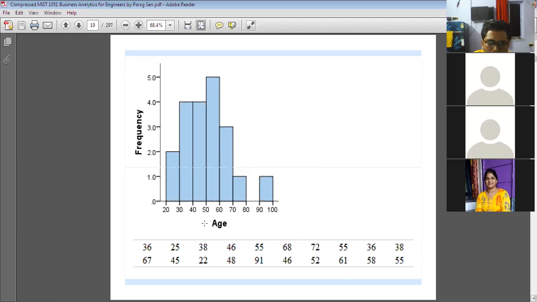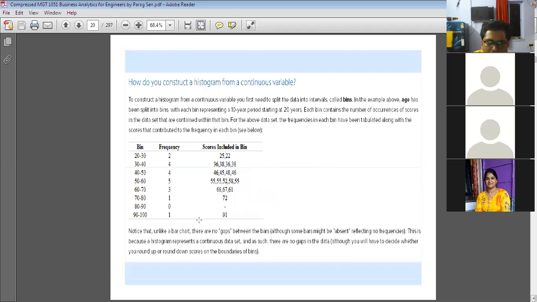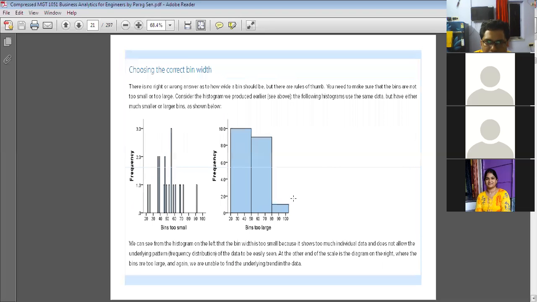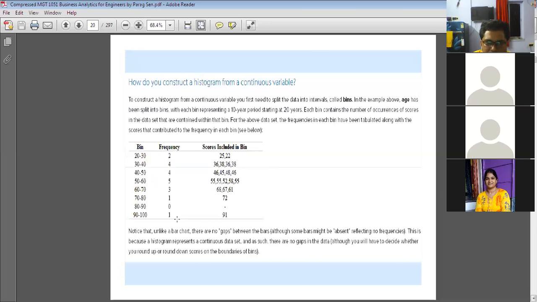So what we can do is create ranges like 20 to 30, 30 to 40, 40 to 50. This way we can create a range, and we can see what the frequency of the data is in that particular range.